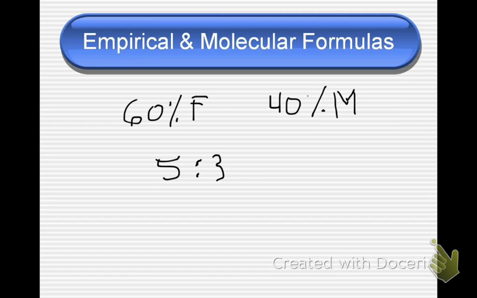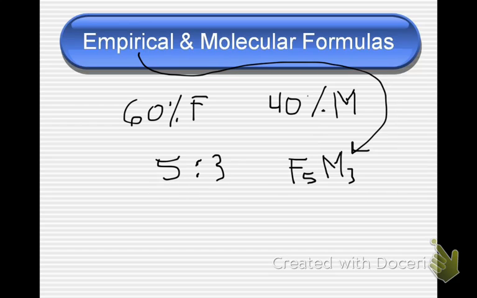So if we were to write the formula for this, it'd be F5M3. So it looks just like a molecular formula. This looks like a chemical formula, F5M3, but it's just telling us the ratio. So this right here would be our empirical formula, because it's telling us that there's a 5 to 3 ratio of girls to guys.